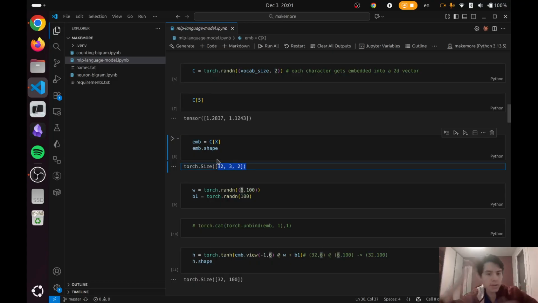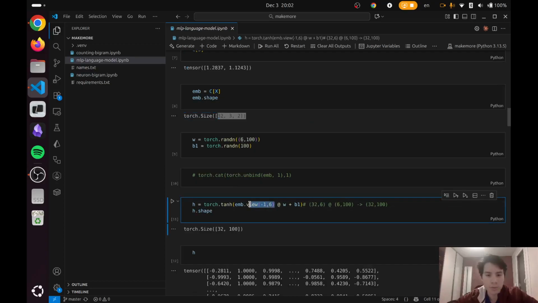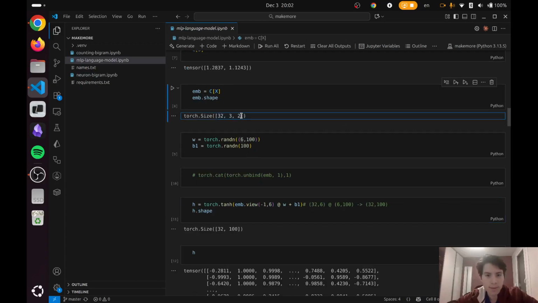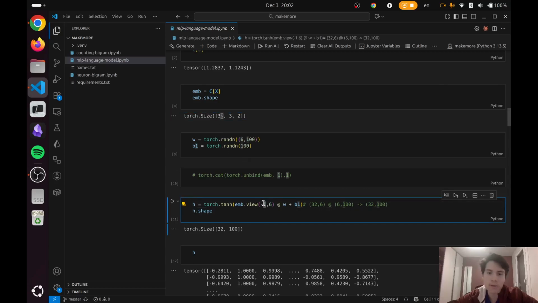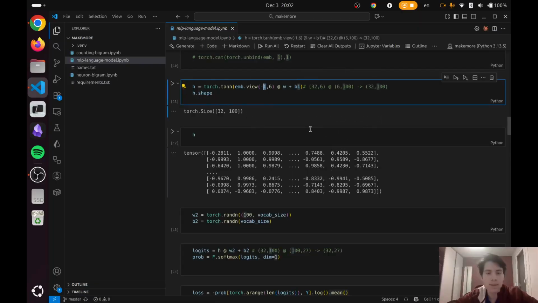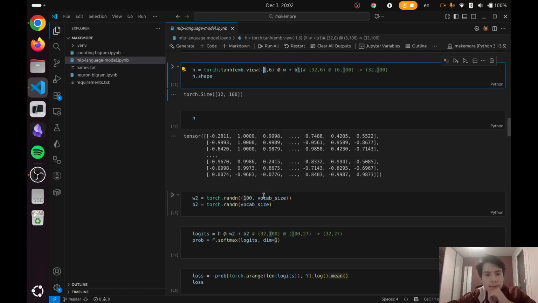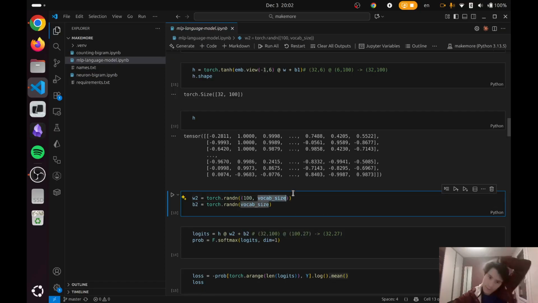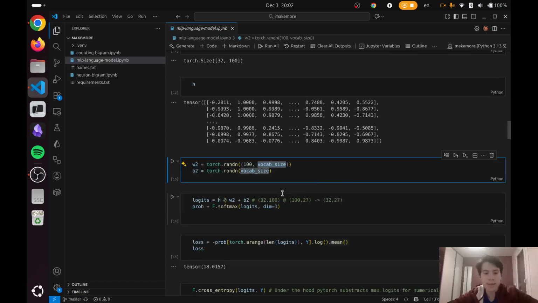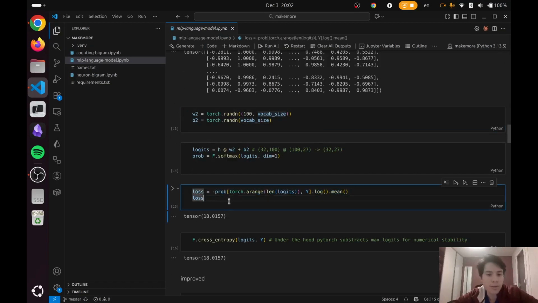So what we do is concatenate this. We use this function view, and we concatenate these 2 elements. 3,2 is 6, and then PyTorch can infer the other dimension, and we then make the matrix multiplication, and then we pass this as an input of a second layer, and the other layer we just take care that the output is the vocab size, which is 27 in our case, and we apply the loss just to see.